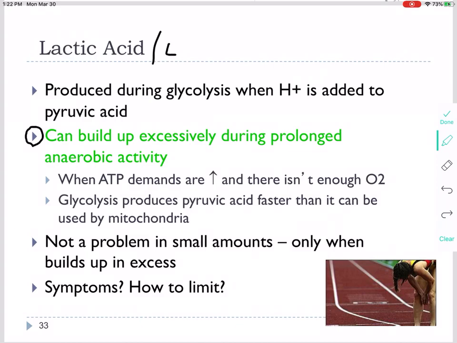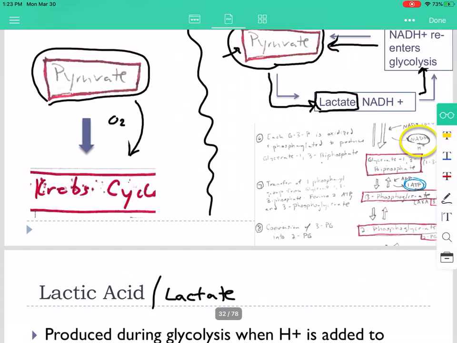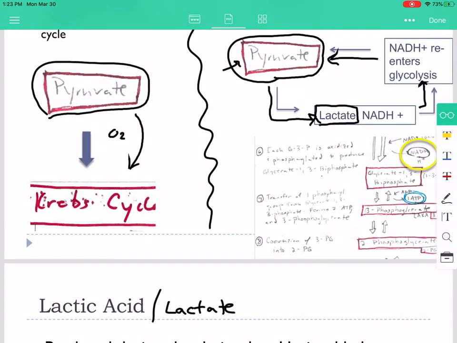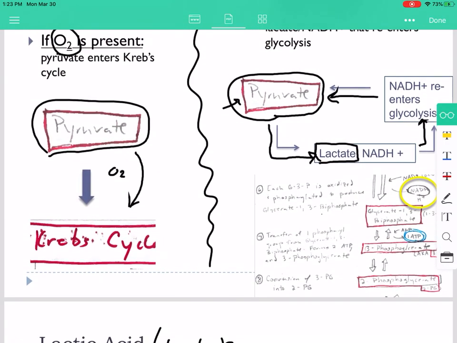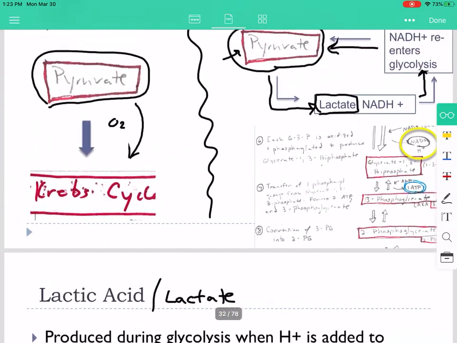I want to point out, sometimes lactic acid or lactate gets a bad name. By the way, lactate is what it's called when it circulates in the blood. It's immediately produced as lactic acid, but it's quickly altered slightly to be lactate, which is what circulates in the blood. Lactate is not bad. People give it such a bad rap. Lactate is a normal part of the process.